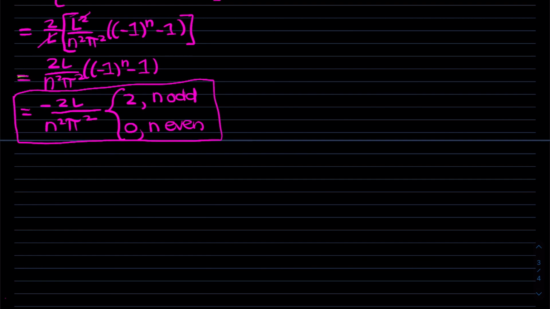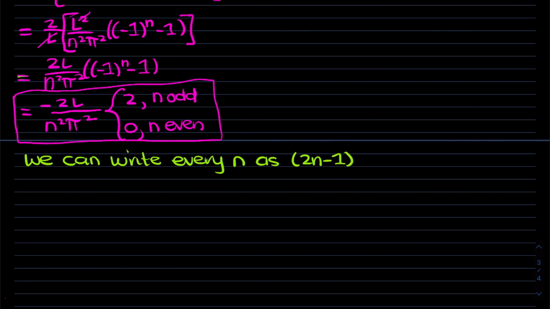Okay, so we can write every n as 2n minus 1, because that's ensuring that it's odd, because remember we only have this term if it's odd. If n is even, it all goes to 0.